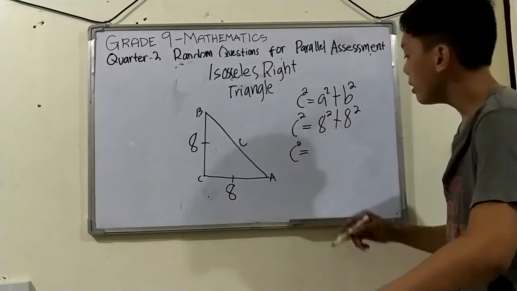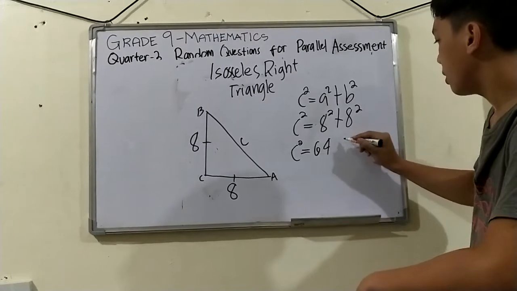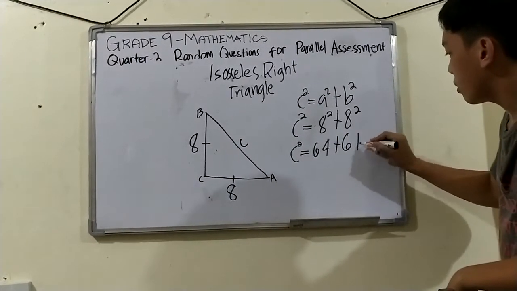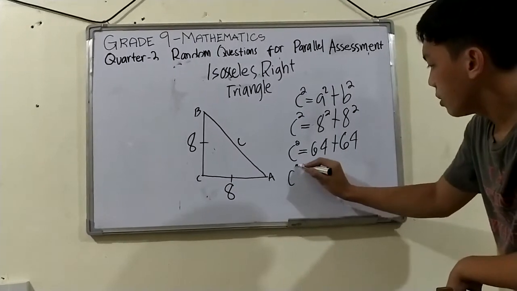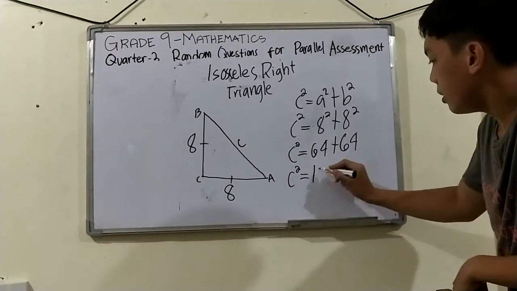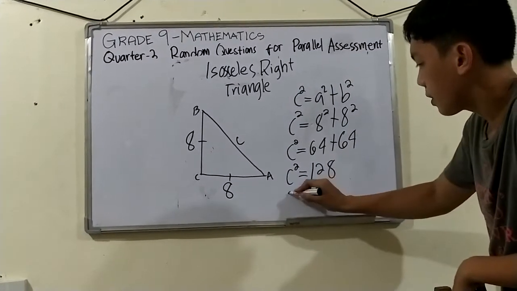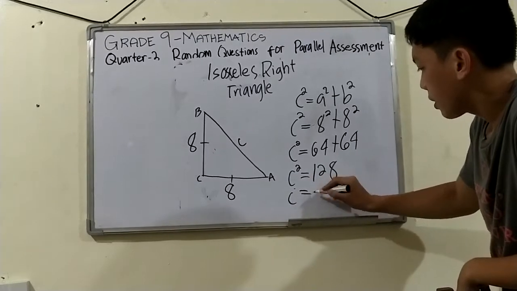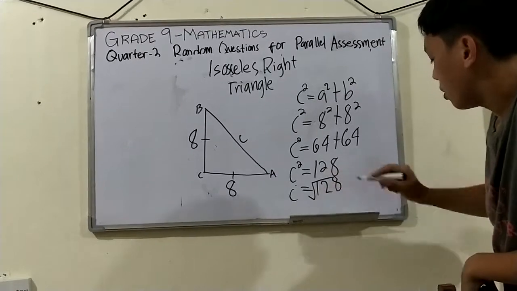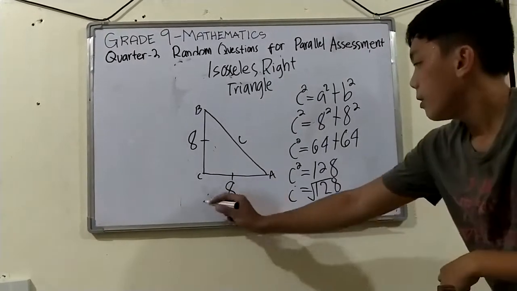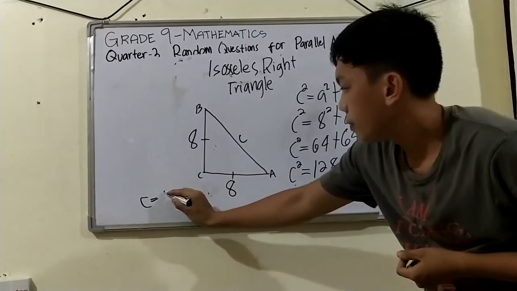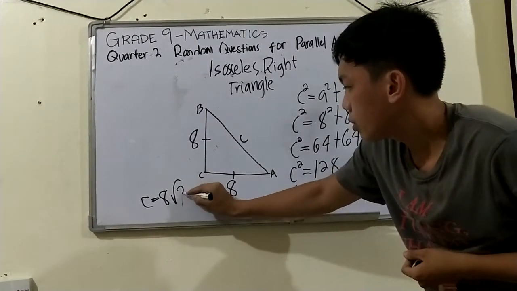So 8 times 8 is equal to 64, plus 8 times 8 is equal to 64 as well. C squared, so let's add 64 plus 64 is equal to 128. And the square root of 128 is equal to 8 square root of 2.